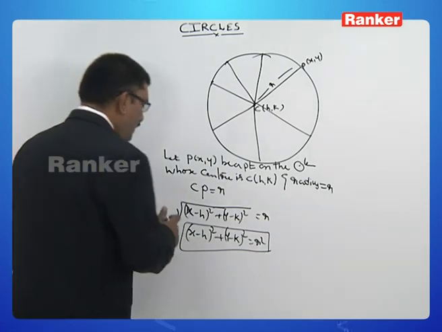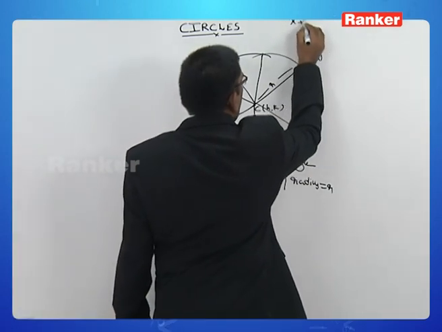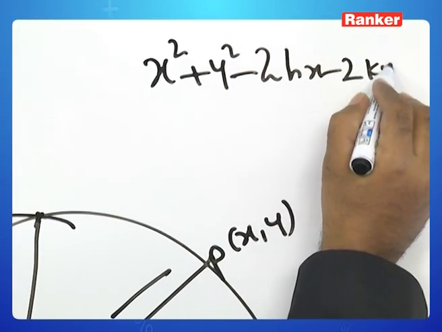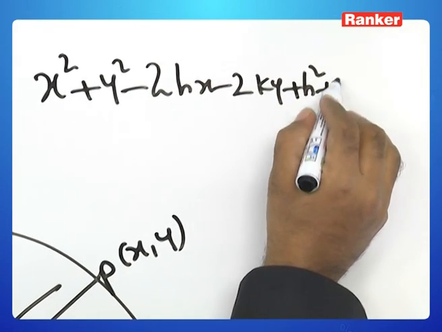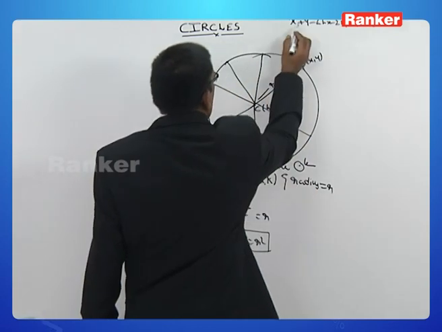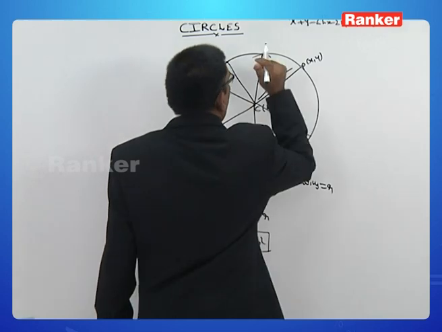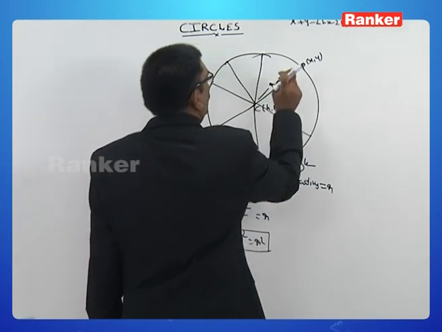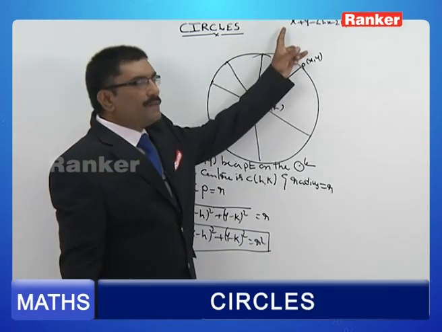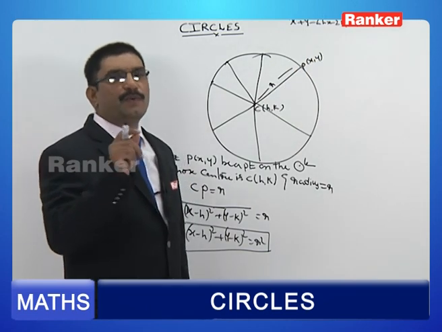If I expand, we get x square plus y square minus 2hx minus 2ky plus h square plus k square minus r square is equal to 0. You can observe it is a second degree equation in X and Y. One important observation is that the coefficient of x square and the coefficient of y square are equal.